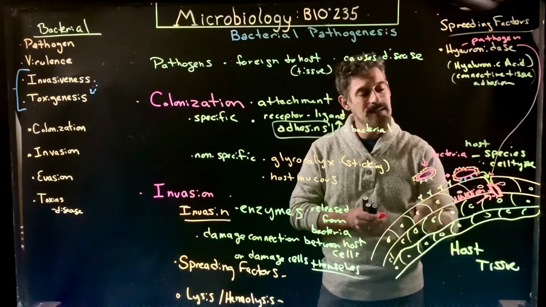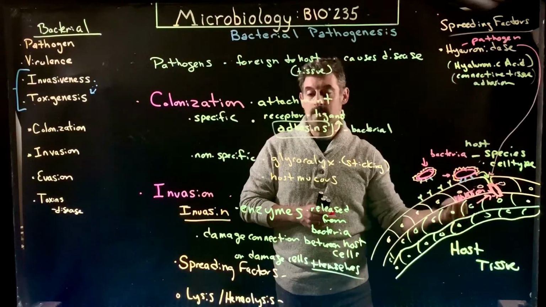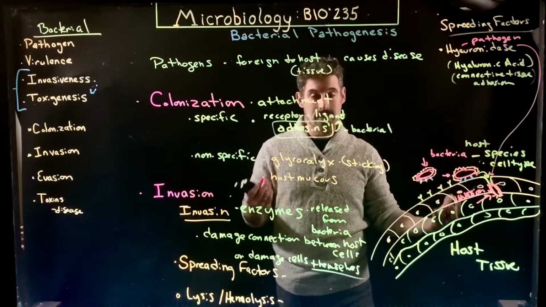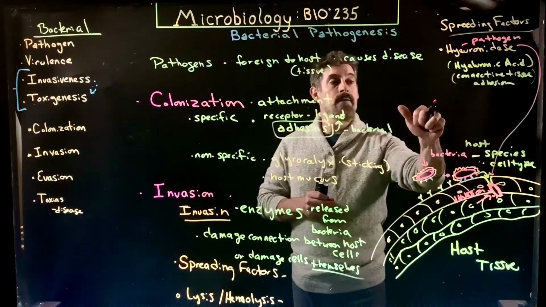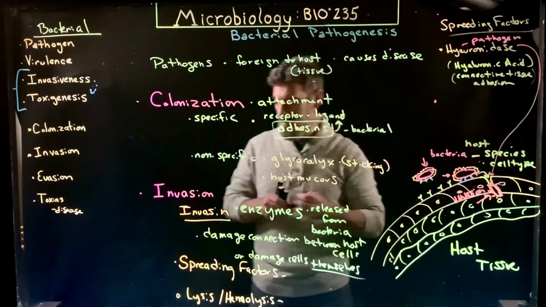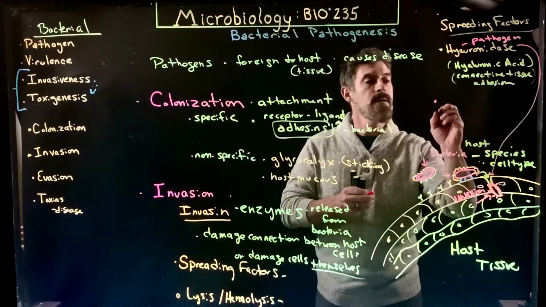Instead of being attached simply to the surface, now the bacterial cell is getting into the tissue itself, between the cells, not just on the cells. So hyaluronidase is one of the main enzymes that can do that. Another really well-known one is collagenase.